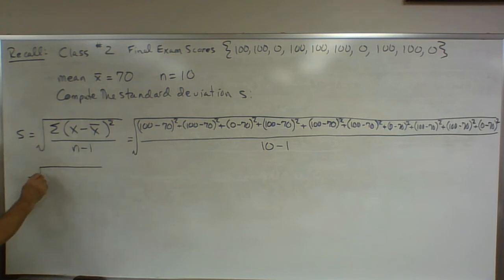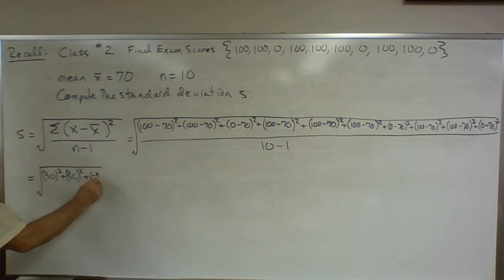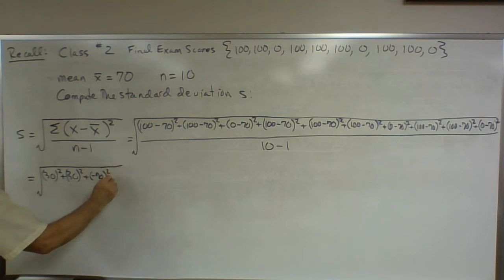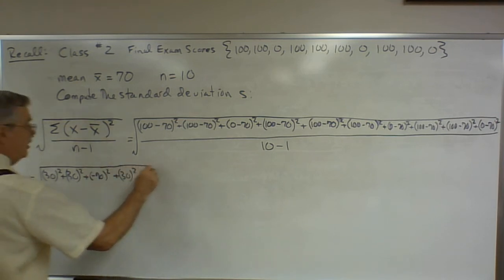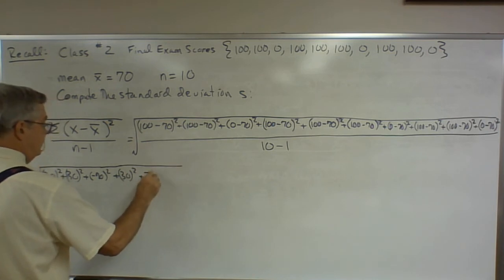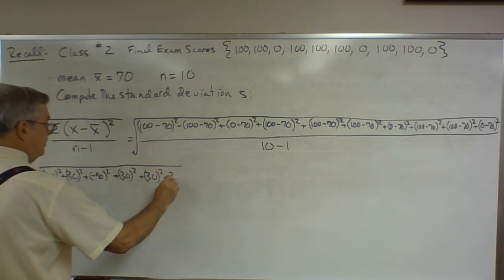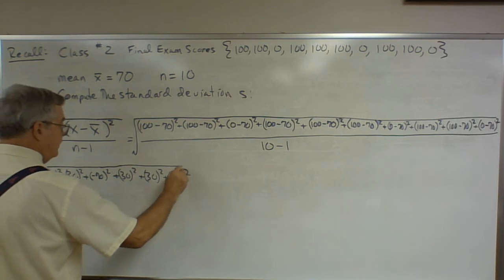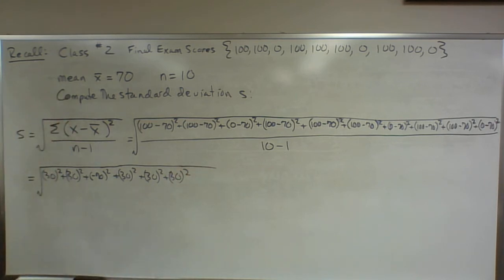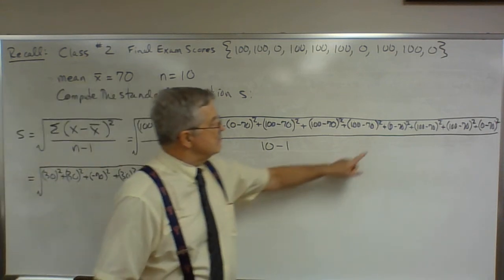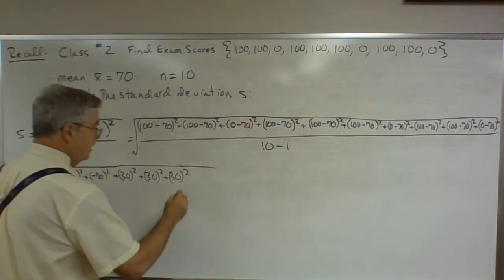30 squared plus 30 squared plus negative 70 squared plus 30 squared plus 30 squared plus 30 squared. Okay, that's the first 6. And then we got negative 70 squared.